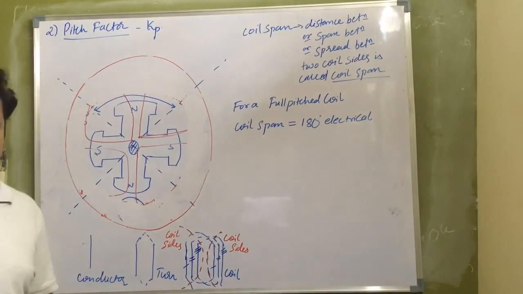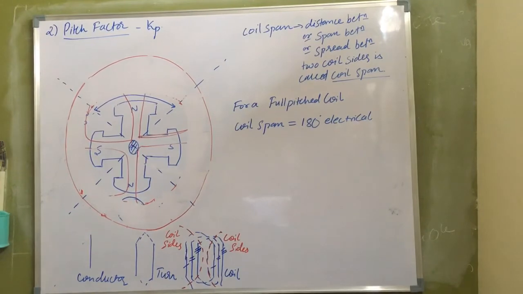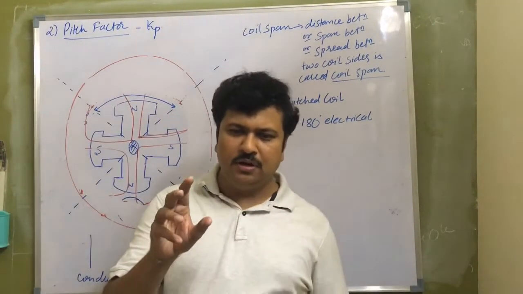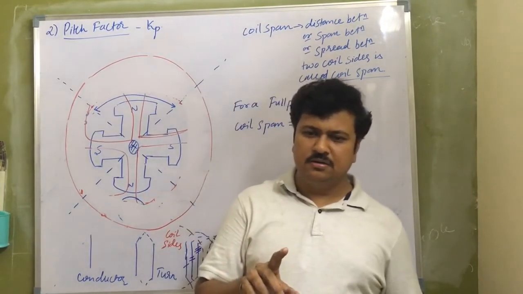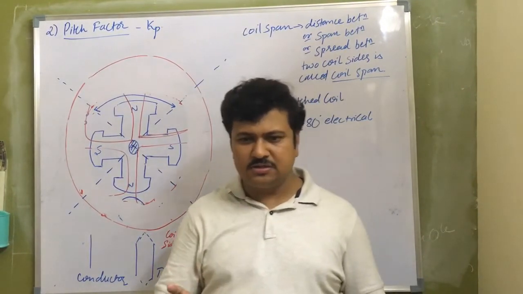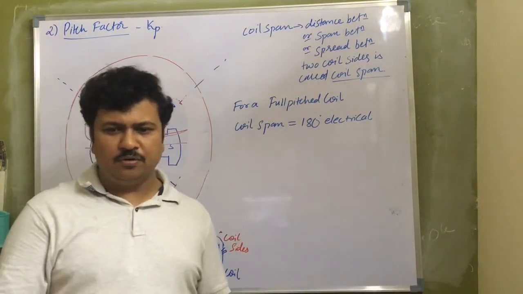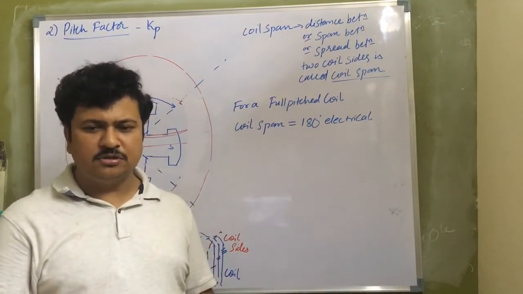So what does that mean? We know that when a conductor is under the influence of one pole, it induces one half cycle which is of 180 degrees. When the conductor comes under the influence of the second pole or opposite pole, it induces the opposite half cycle.